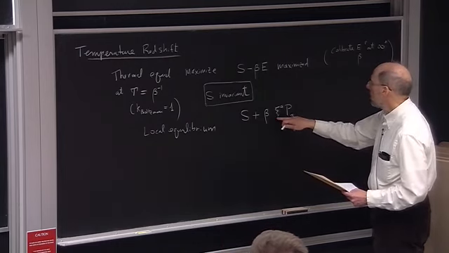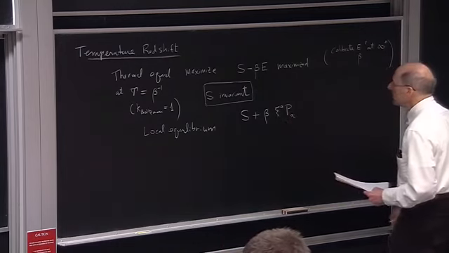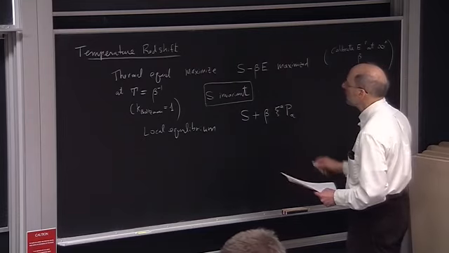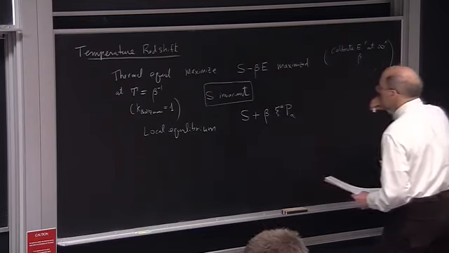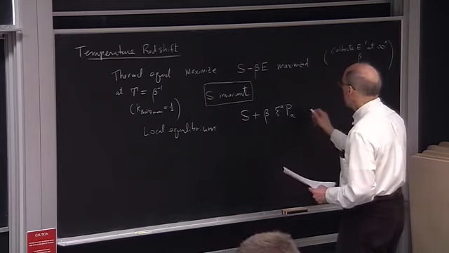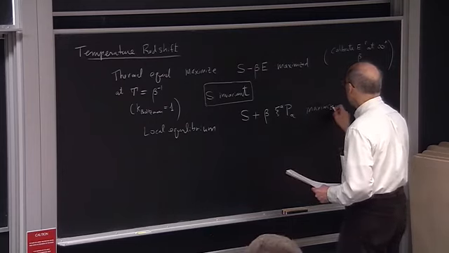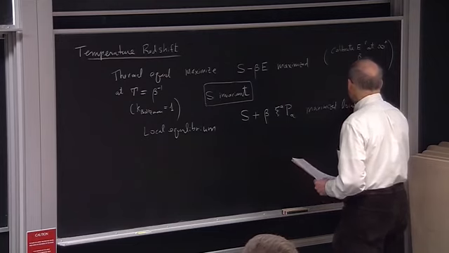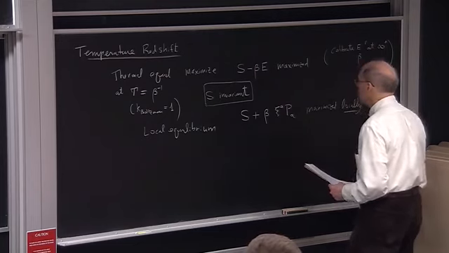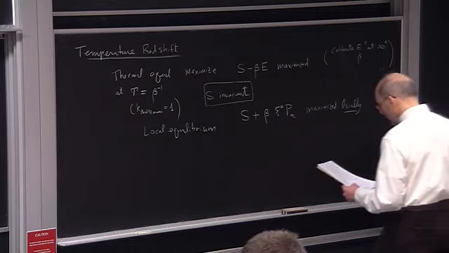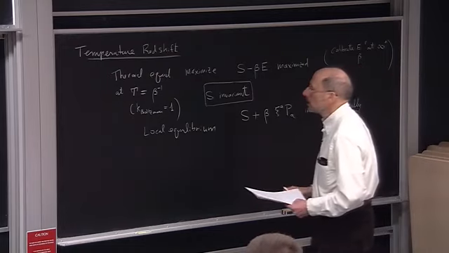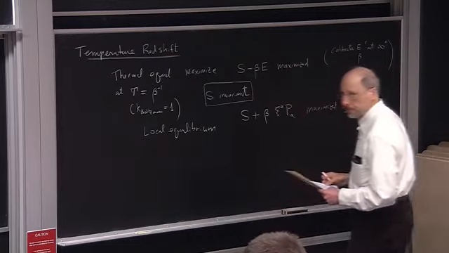Remember, E was minus the Killing vector dotted with P, and beta is some parameter, which we're identifying as a global temperature. So this has to be maximized. But under our assumptions, it also has to be maximized locally as well as globally. If it's maximized globally, it certainly has to be maximized locally.